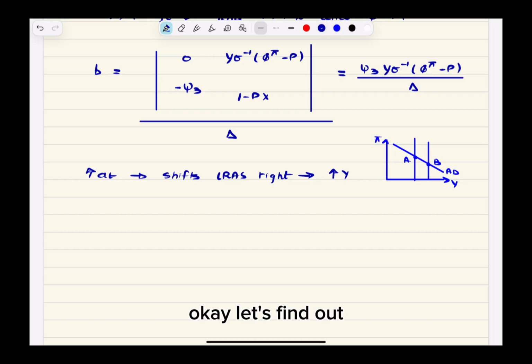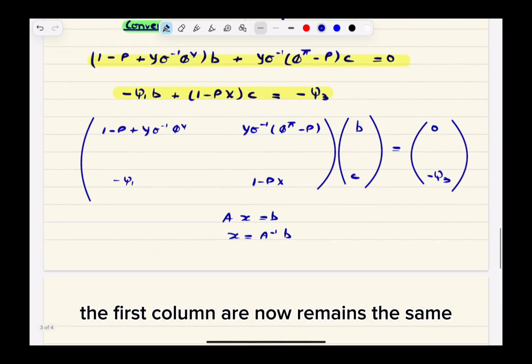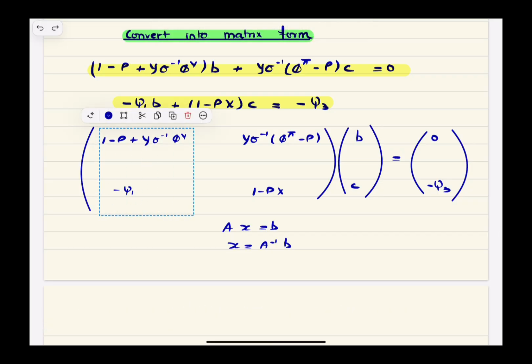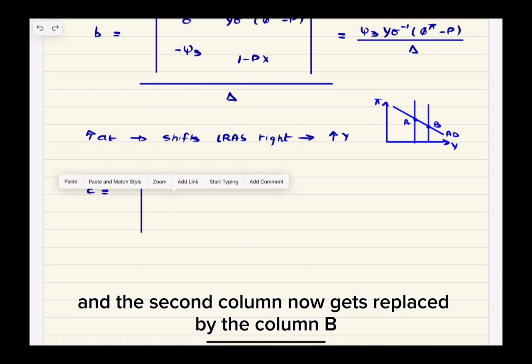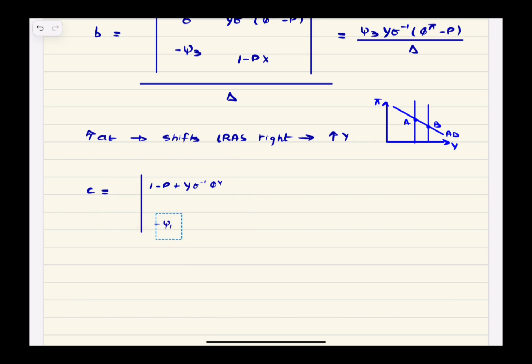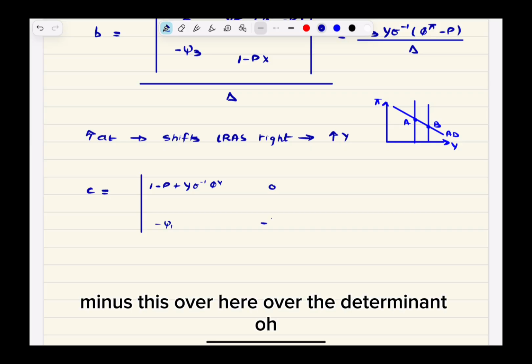Okay, let's find out. Hopefully the value of C is going to be negative, otherwise this is going to be very embarrassing for me. Okay, the first column now remains the same. Copy and paste, and the second column now gets replaced by the column B. So we have a 0 minus this over here over the determinant.